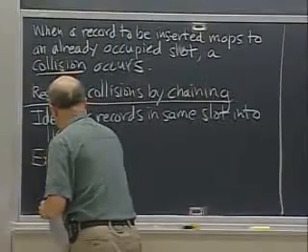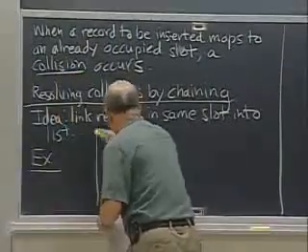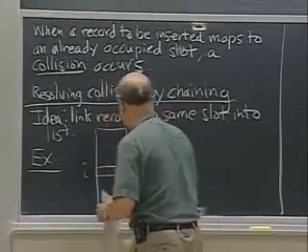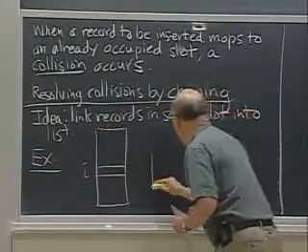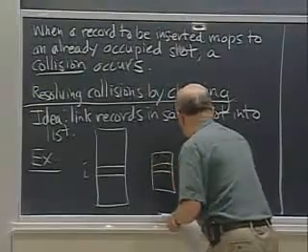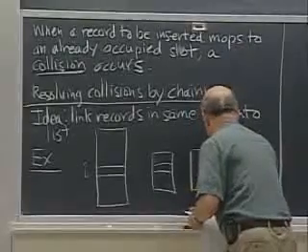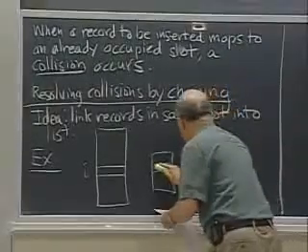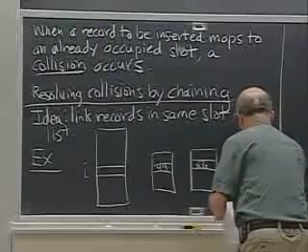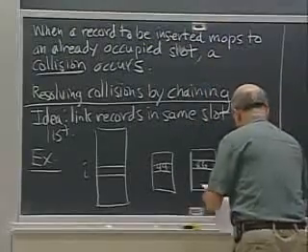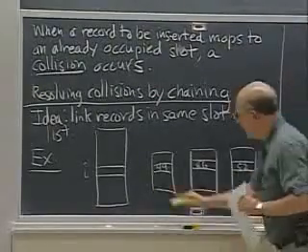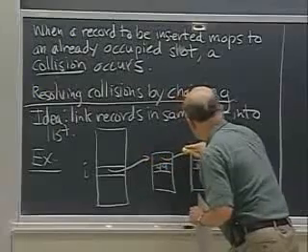So for example, imagine this is my hash table, and this, for example, is slot i. I have several things that may have been inserted into this table that are elements of S. What I'll do is just link them together.